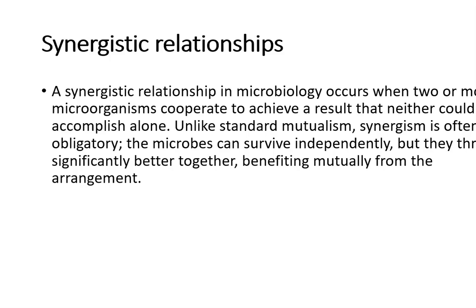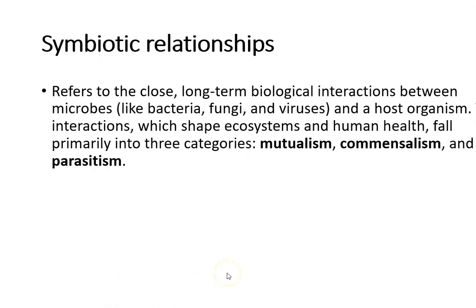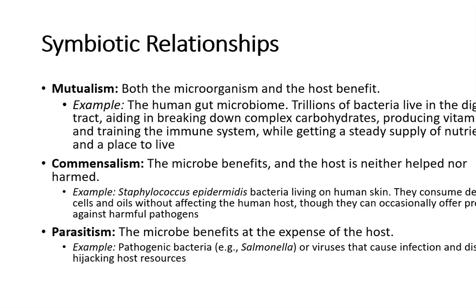Okay, the microbes can survive independently, but they thrive better when they're together. Okay, maybe certain bacteria feed off of each other. All right. Then you can have a symbiotic relationship, and this is a close interaction between microbes and a host. And it does work with human health. We have three primary categories of symbiotic relationships: mutualism, commensalism, and parasitism.